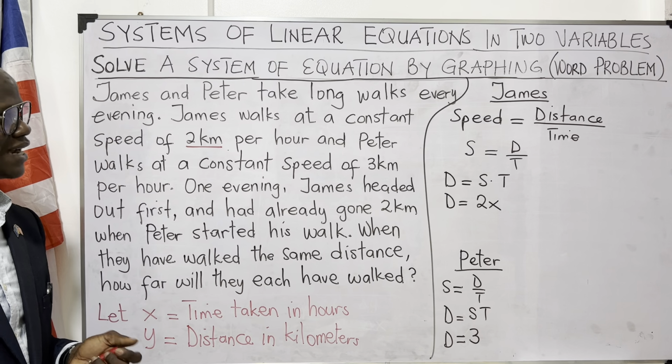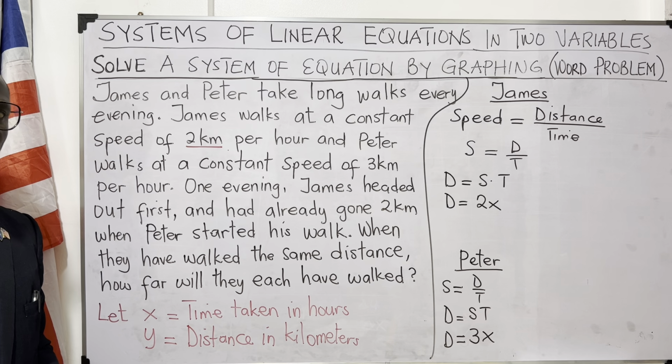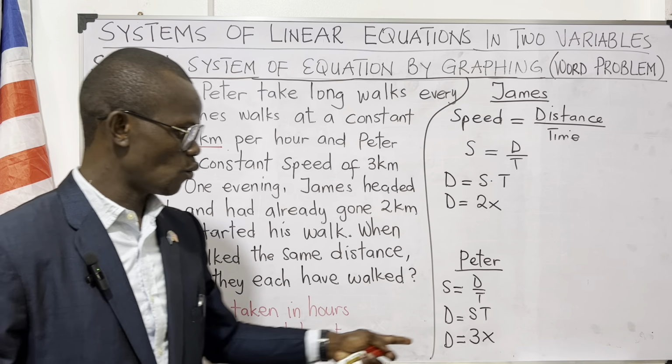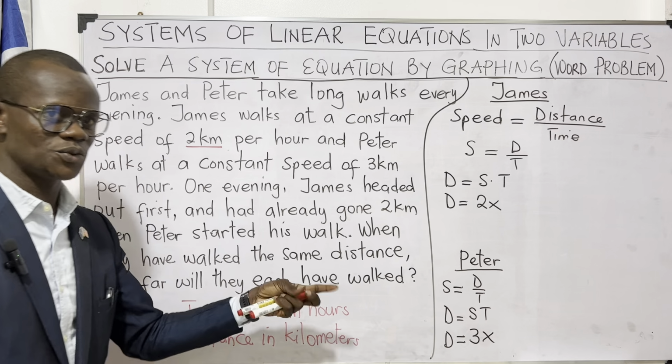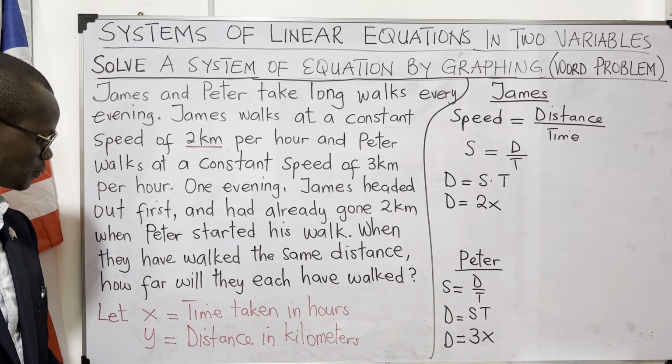But we know that he walked at 3 kilometers per hour. X is representing time, and 3 is representing the speed. If he walked for 1 hour, then we say 3 times 1; 2 hours, 3 times 2, and so forth. Then we'll determine the distance that he actually covered.